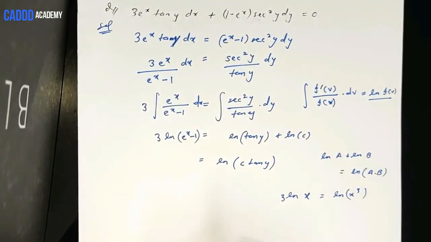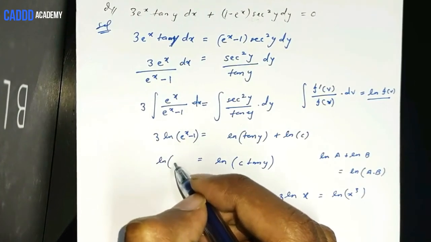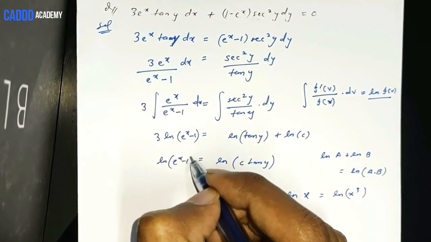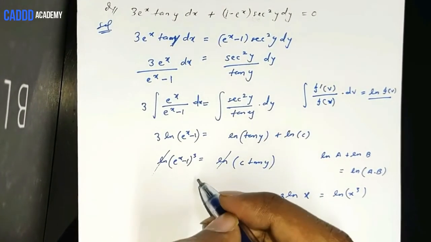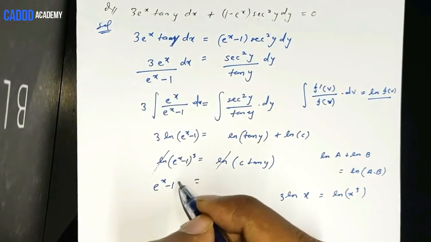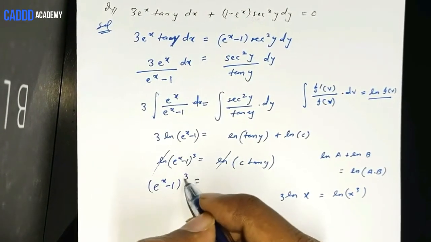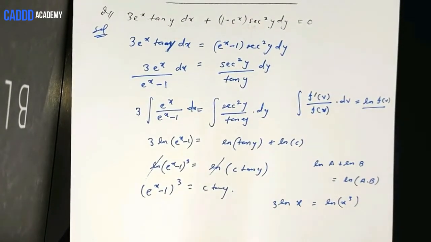Okay, so here we have 3, so we will write it as ln of e to the power x minus 1, whole cube, cancelling the ln on both sides, and here we have e to the power x minus 1 whole cube, and here we have c tan y. Okay, this is how the variable separable method's problem is solved.